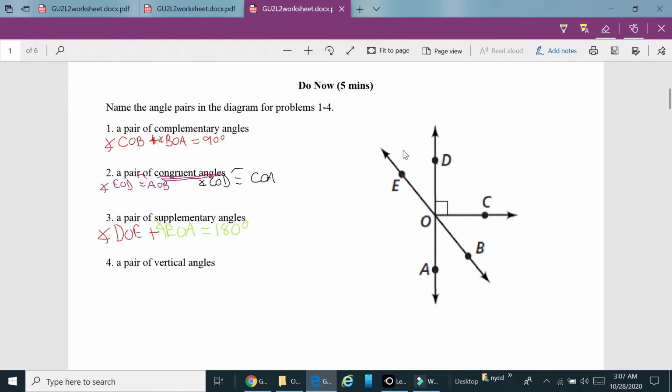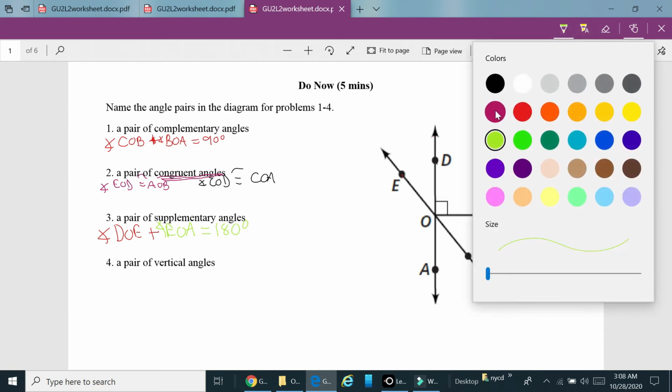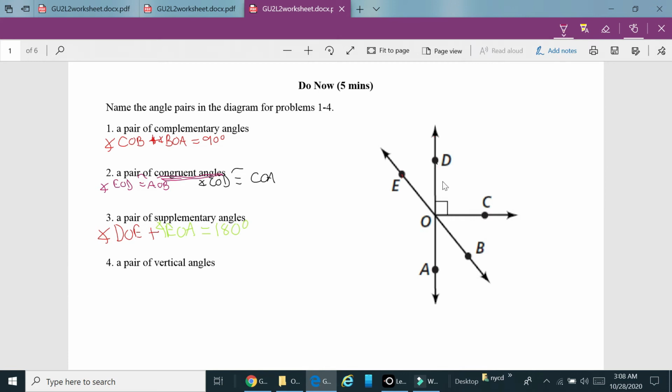Another one that I see, I'll use one of the right angles. DOC. Sorry, my pen went off a little bit. So I'm going to use DOC.